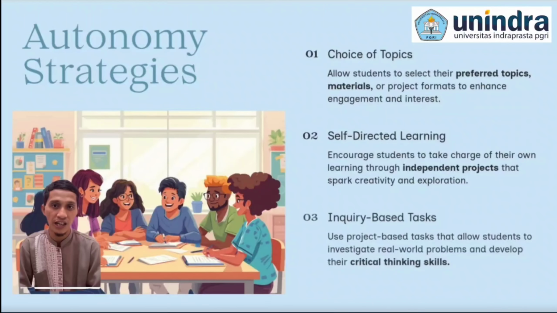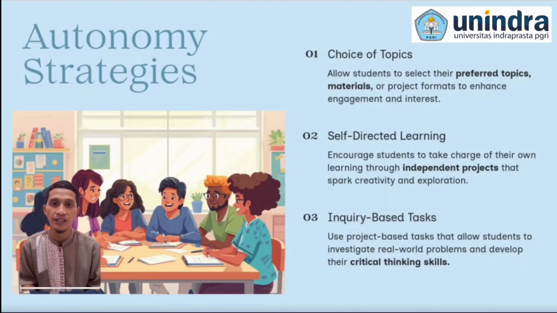Autonomy strategies. So how do we give students autonomy? Here are three practical strategies. First, choice of topics. We can allow students to select their preferred topics for a project, choose the material they want to study, or even decide on the format for their final presentation. Second, self-directed learning.